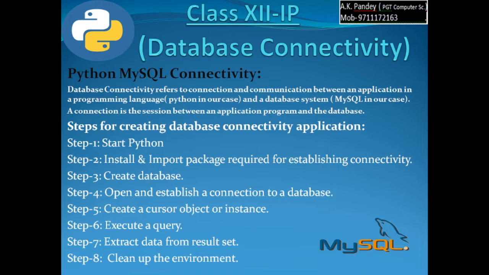And what is back end software? Back end software is required to keep our data in the database permanently for future use, so that it can further be retrieved. Otherwise, whatever data we input in our programs remains temporarily in the RAM, and as and when we close the system, we close the application, our data is lost from the RAM.